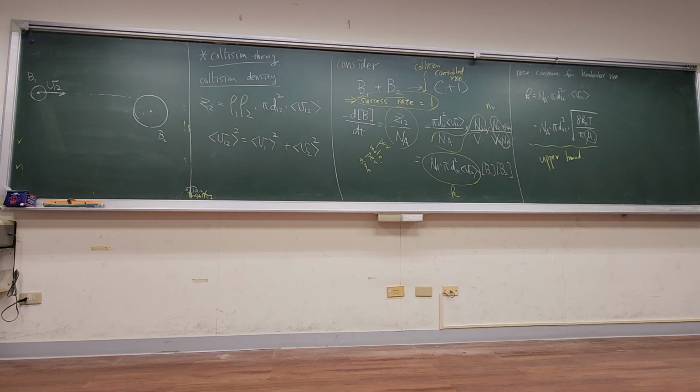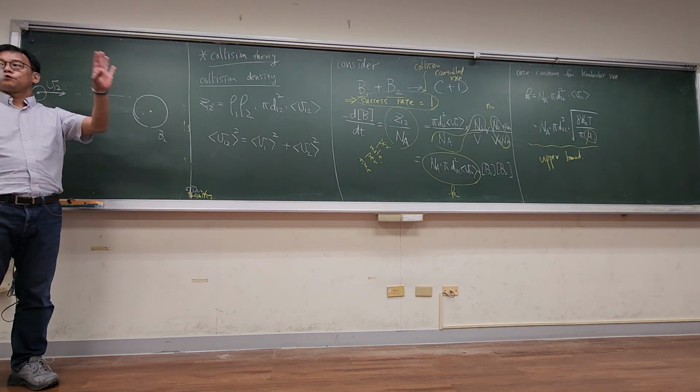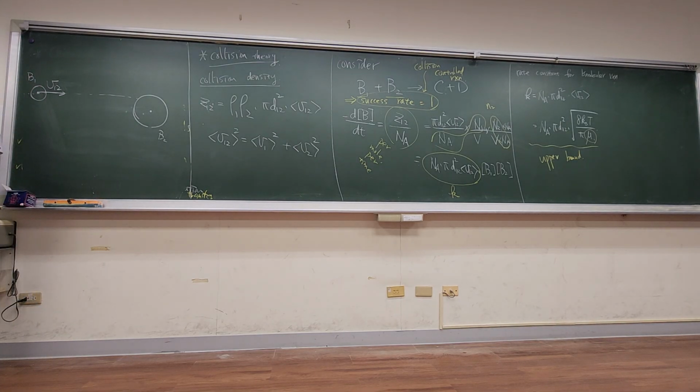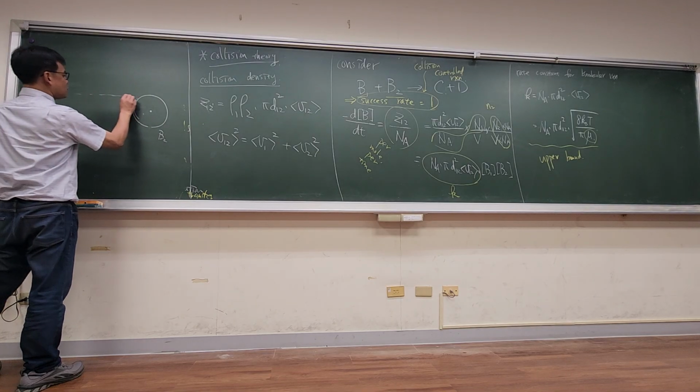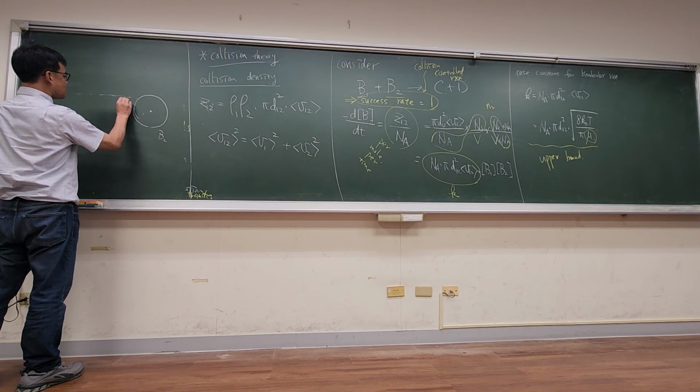So when V1 and V2 are away from each other, there is no interaction. What happens in that stage is irrelevant to the reaction. What's relevant is only when V1 and V2 collide with each other.